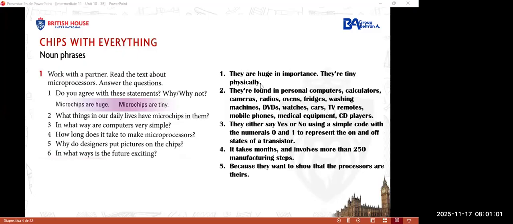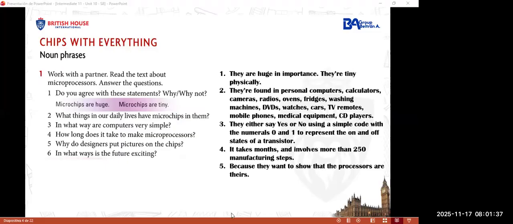Now, Diana Cordova, in what ways is the future exciting? Number 6 is... I'm not sure, teacher, but the text mentions that soon the microchips will be able to fix different problems, and no one knows what will happen.